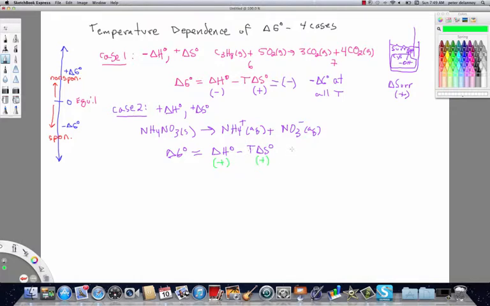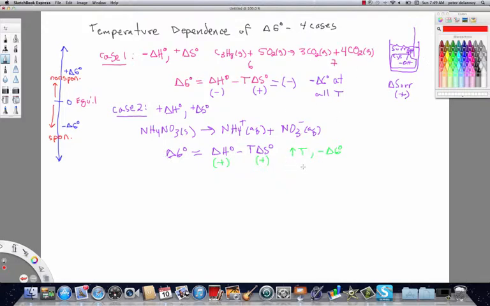So we would predict at high temperatures, at high T, that the delta G is going to be also a negative value because this product is able to overcome the magnitude of the delta H here and make this value negative.